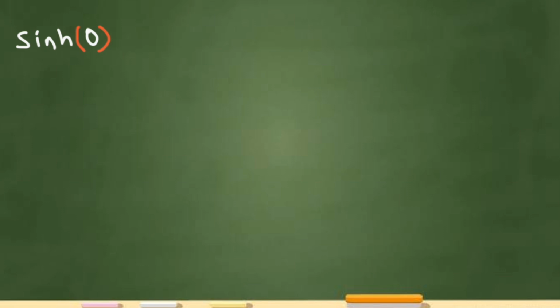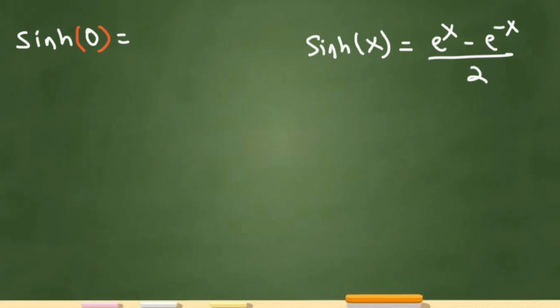So now let's talk about how to evaluate hyperbolic trig functions. What is the value of hyperbolic sine of 0? In order to find that answer, we need to know the formula of hyperbolic sine of x. It's equal to the exponential function e to the x minus e to negative x, divided by 2.